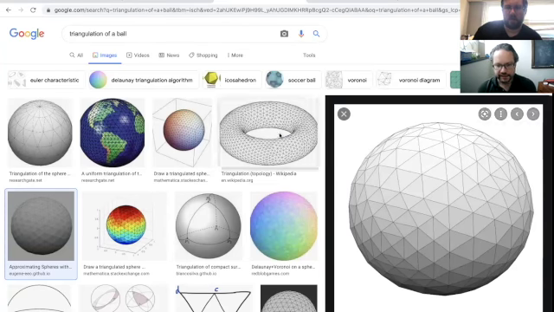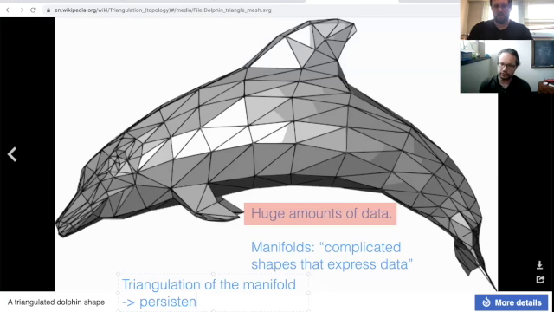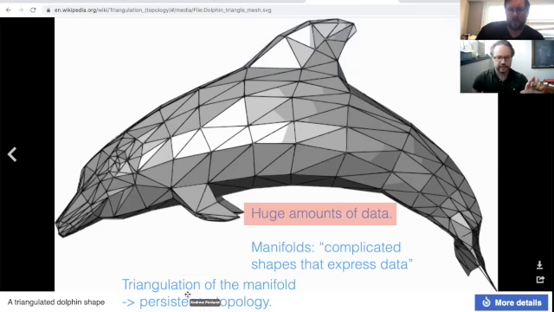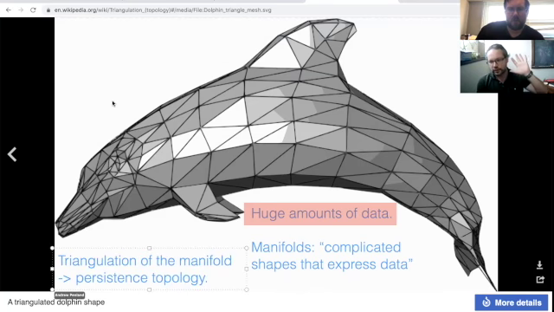And what you use is this. You do something called triangulation of the manifold. From the triangulation, you get this thing called persistence topology out, which you calculate by using the triangulation. So this triangulation allows us to translate these big geometric database things into simple algebra.